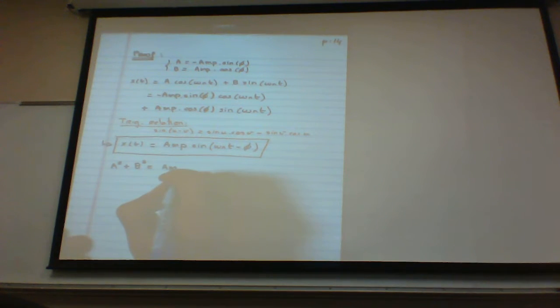Correct, because basically what you're going to have is amplitude squared of cosine squared theta plus cosine squared of phi plus sine squared of phi, which is what? 1. So that will tell you, what did we say was the amplitude equal to? The root of a squared plus b squared. So square root of a squared plus b squared.